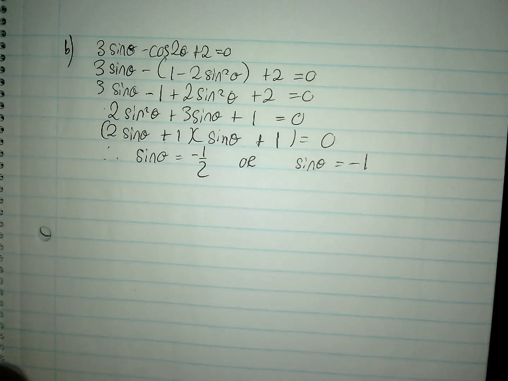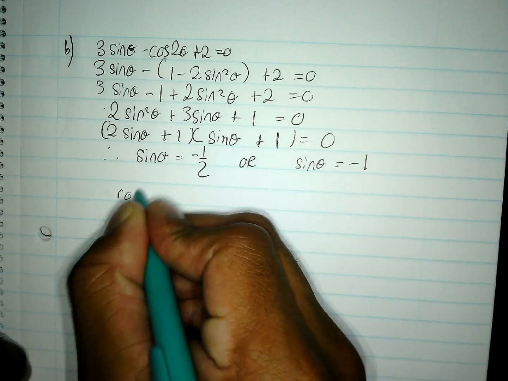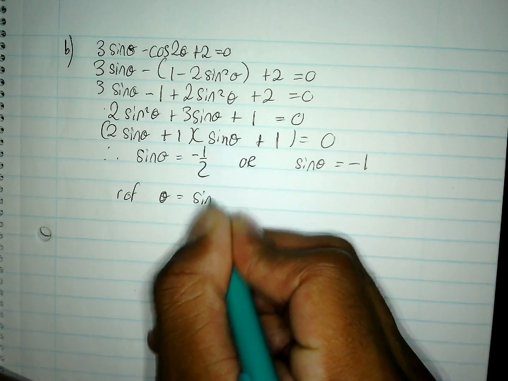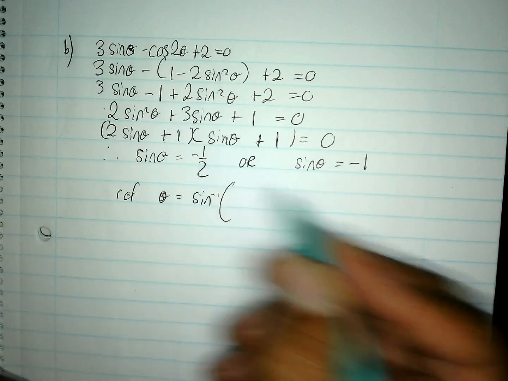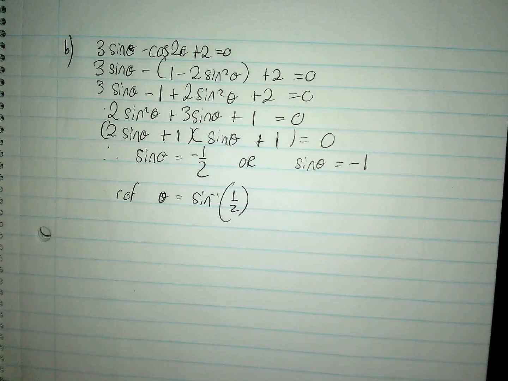Then from there we're going to check the first one. We check the ref angle of theta is equal to sine. Remember, ignore the negative sign, so it's 1 over 2. So this gives you 30 degrees.